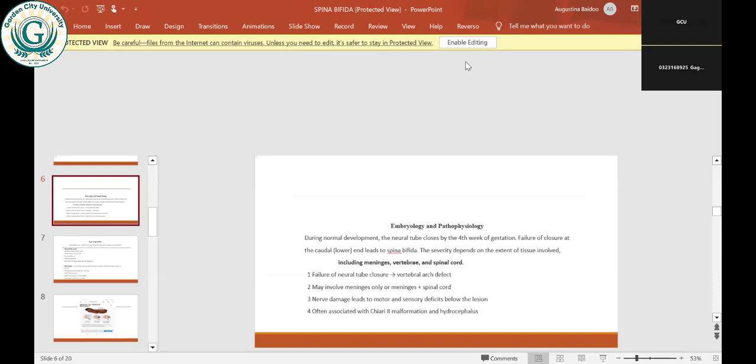So we are saying that 1, with failure of the neural tube closure, there can be a vertebral arch defect. 2, it may involve the meninges only or the meninges plus the spinal cord. 3, nerve damage leads to motor and sensory deficits below the lesion.